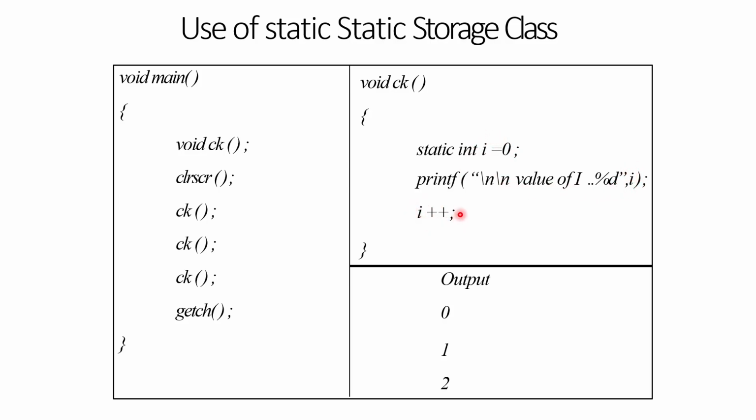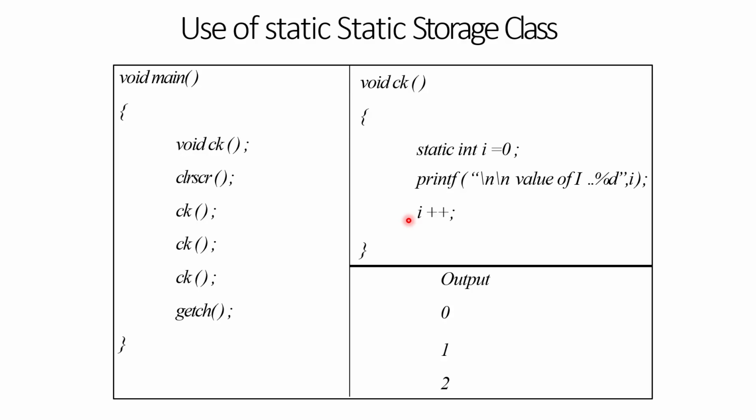Then it will be incremented by 1, and then the control will return back from ck to the main function. Generally we know that when the control returns back, the entire memory for the function ck should be deallocated, so every memory should vanish.